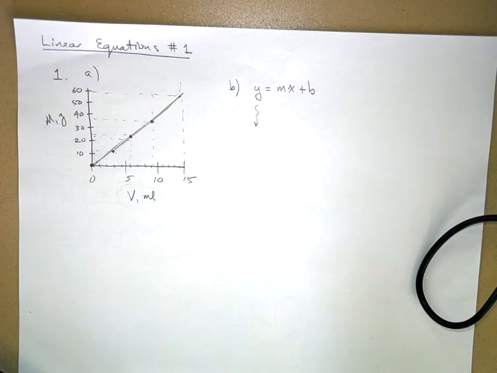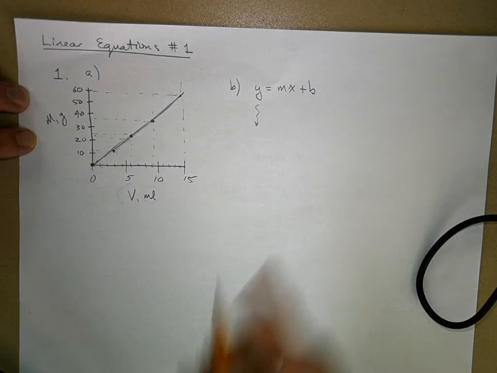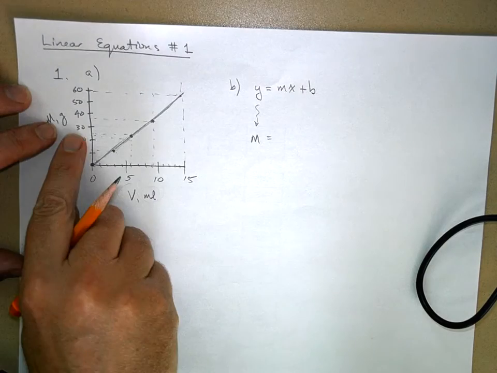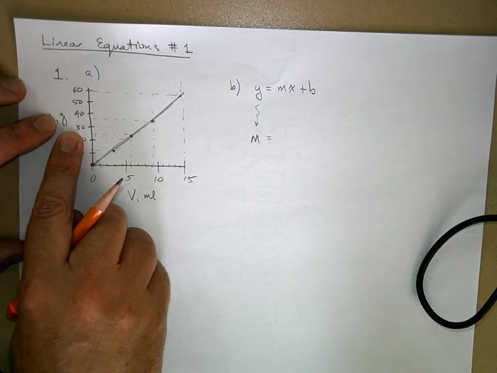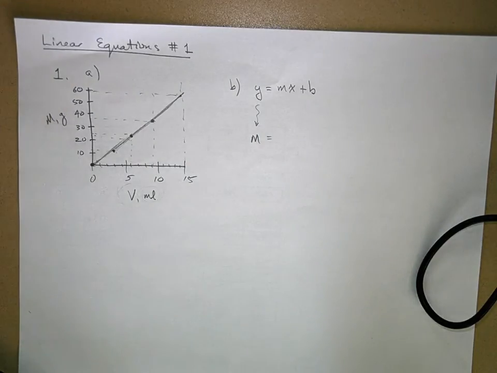But instead of the y-axis, what is this? It's the m-axis. Now don't put g. What does g stand for here? Grams. Those are the units. Okay, units will be put with the numbers that I plug in, but we don't use the unit as the variable name.